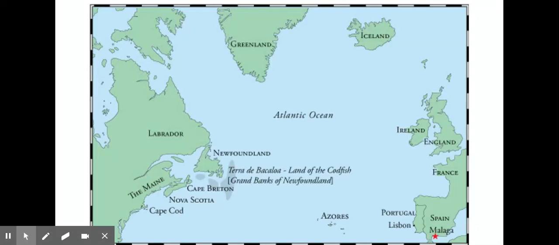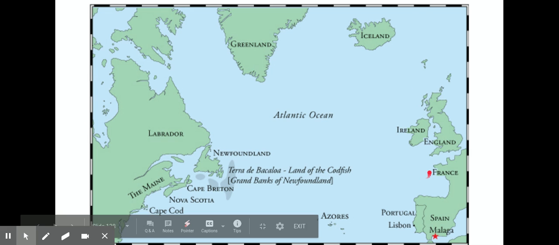There are also going to be people whose names we don't know, not famous explorers, but one of the first groups to take advantage of the knowledge that they could cross the Atlantic Ocean, thanks to better maps, technology, ships, the compass, things like that, is going to be fishermen. Especially fishermen from France, but European fishermen who had pretty much overfished the waters off the coast of Europe, and they're always looking for new sources of fish.